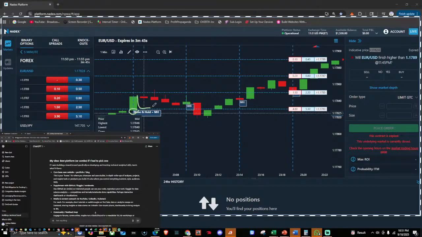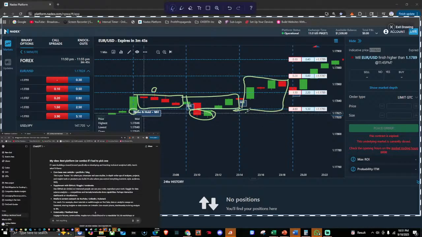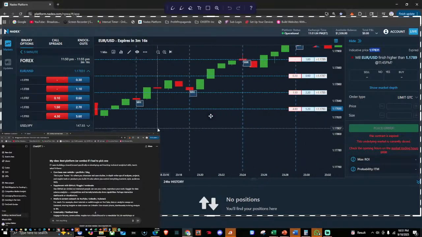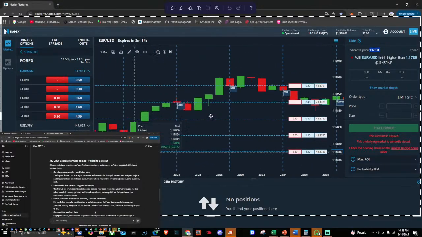Obviously, most all of this. And then right here, 3 zones. For this one, we see this one zone here. And then we see those, so that's 2 zones right there. This one, that's 2 zones. This one, 3 zones.